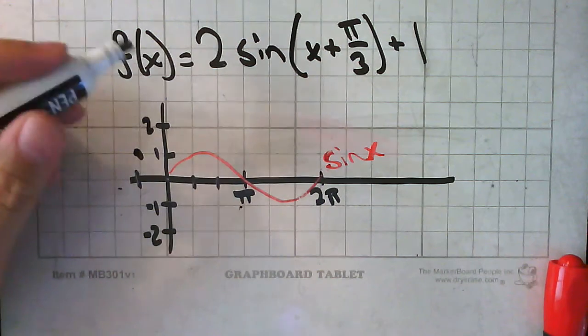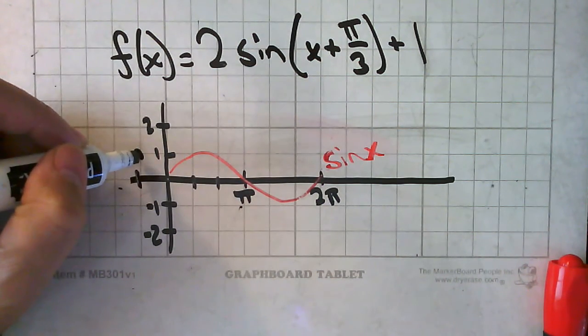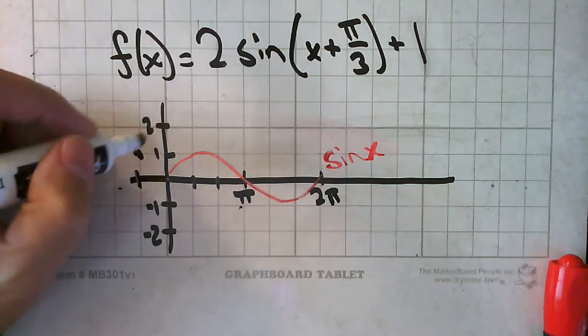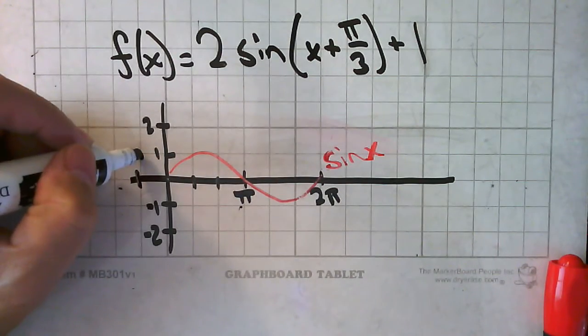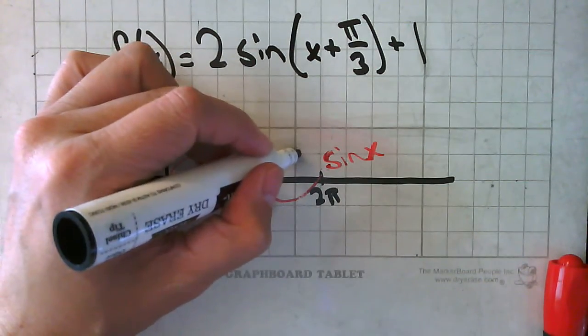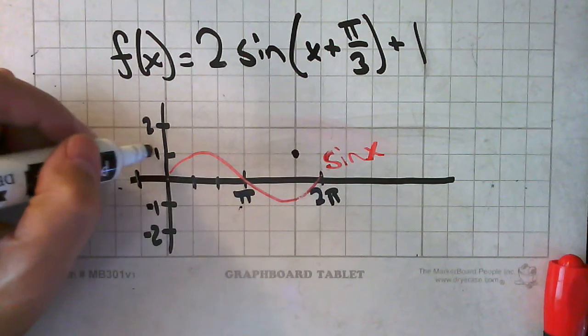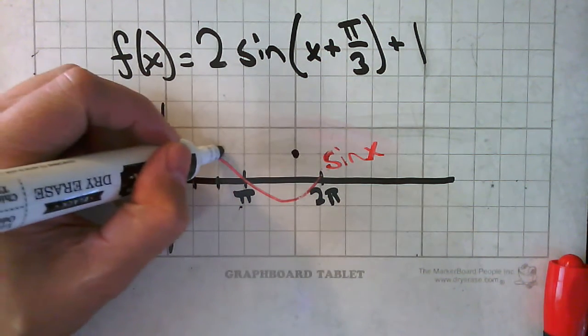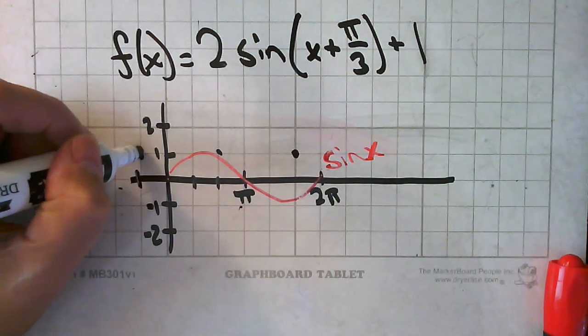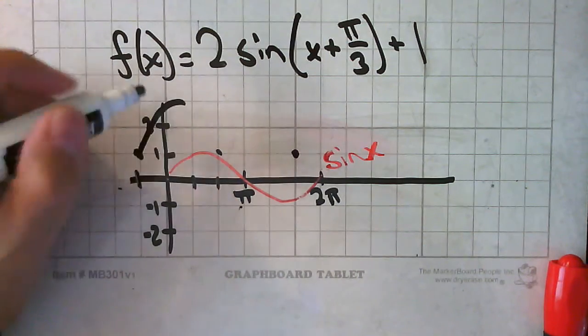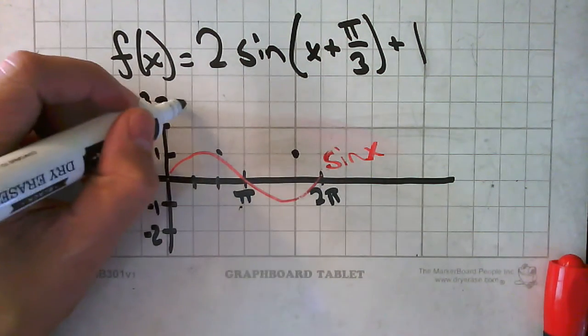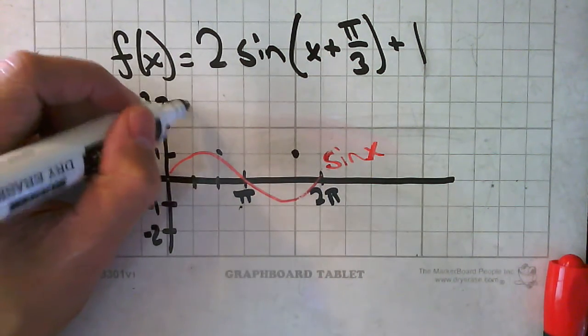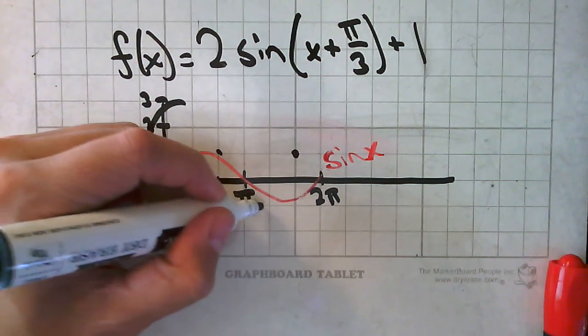So it's going to go 2 up and 2 down. So it's going to end here. The middle is now here. So it's going to go 2 up all the way to 3. And then it's going to go down all the way to -1.